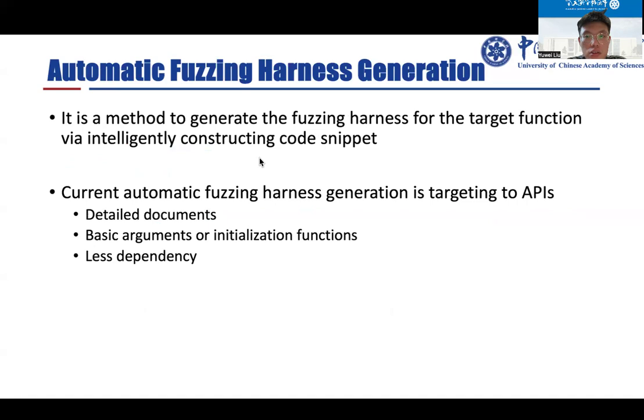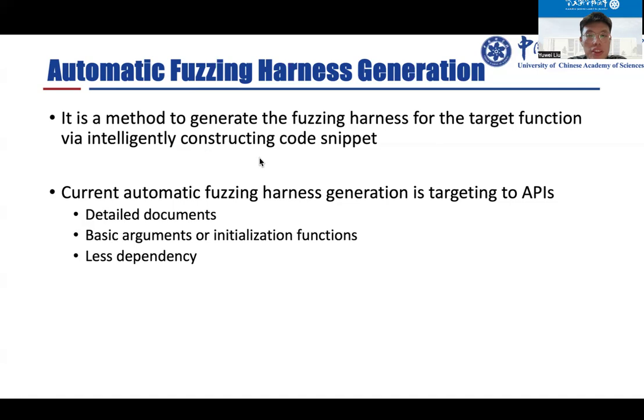Since there are so many functions, we need the automatic fuzzing harness generation method, which generates the fuzzing harness for the target function by intelligently constructing the code snippet. Currently, the automatic fuzzing harness generation methods are focused on the APIs because they have detailed documents.